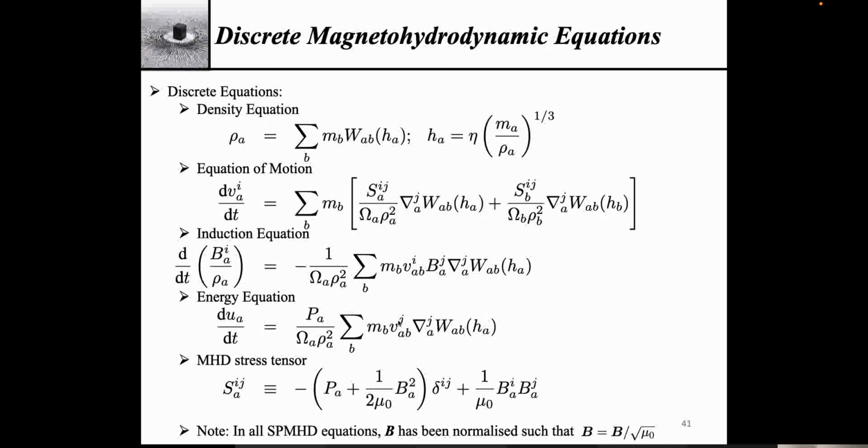Yeah, we have a lot more math. This is hopefully just a useful reference slide. Calculations do get a little bit more complex when we put in the magnetic fields. So again, that only affects really the equation of motion and your induction equation.